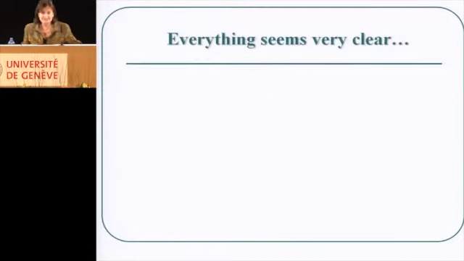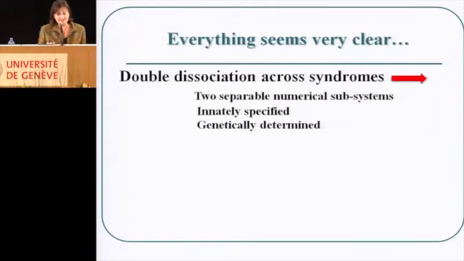So everything seems really clear. We have a double dissociation across syndromes. It's very exciting. We've shown that there are 2 separable numerical subsystems. They must be innately specified if I'm a nativist, because look, it's happening so early in infancy, and therefore genetically determined.